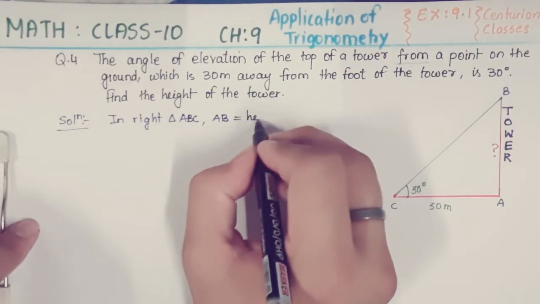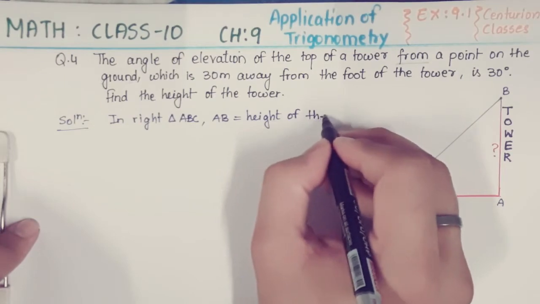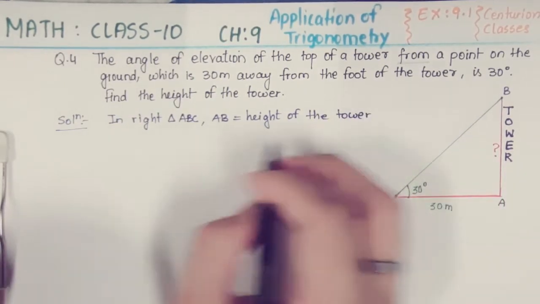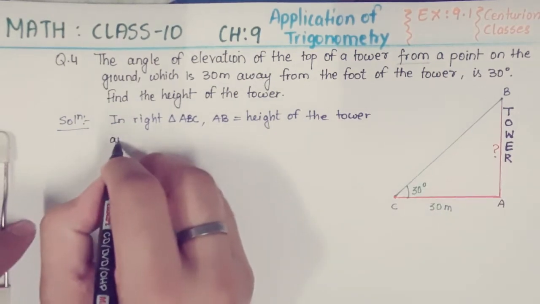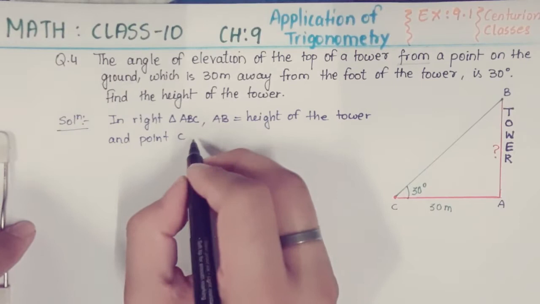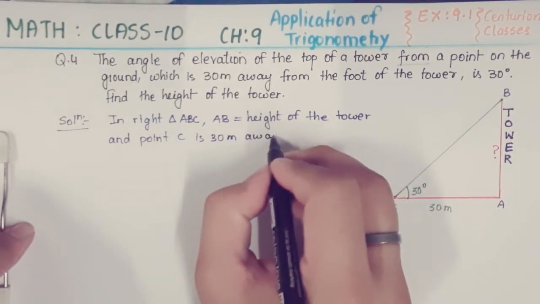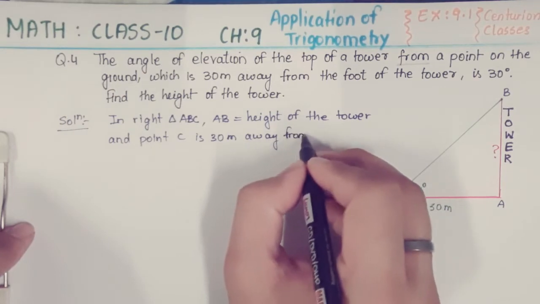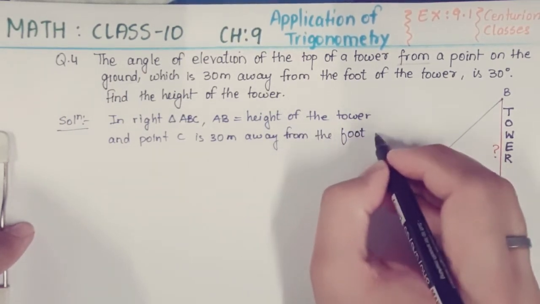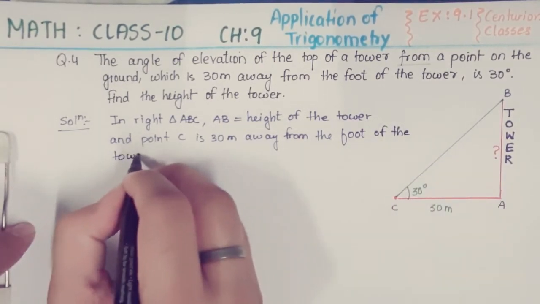AB is the height of the tower. What is AC? And the point C is 30 meters away from the foot of the tower.